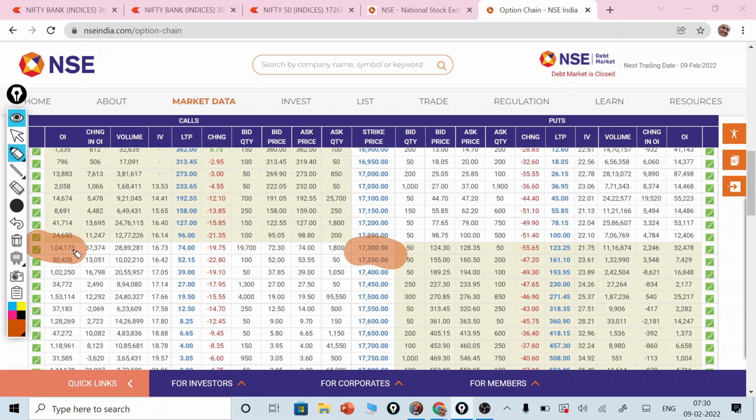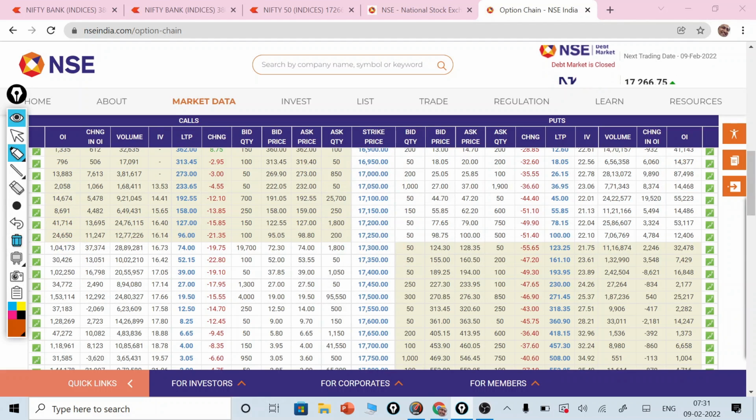And then on the lower side in the put writing, we can see very heavy put writing at around 17,000. 17,000 will be the very strong support. On the higher levels, next is 1,02,250 at 17,400 levels.